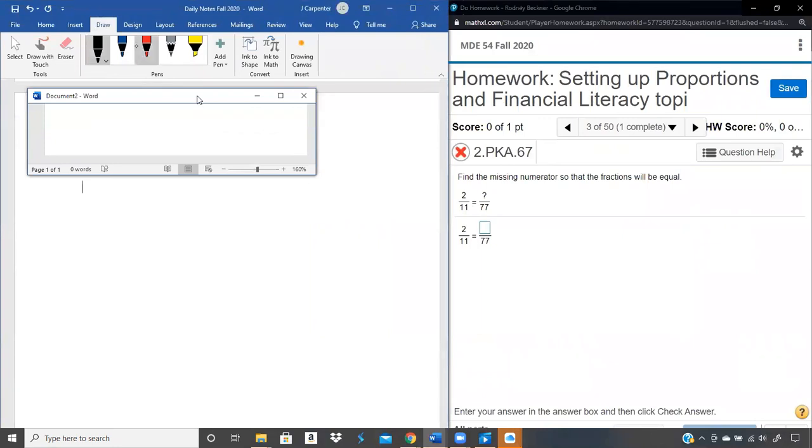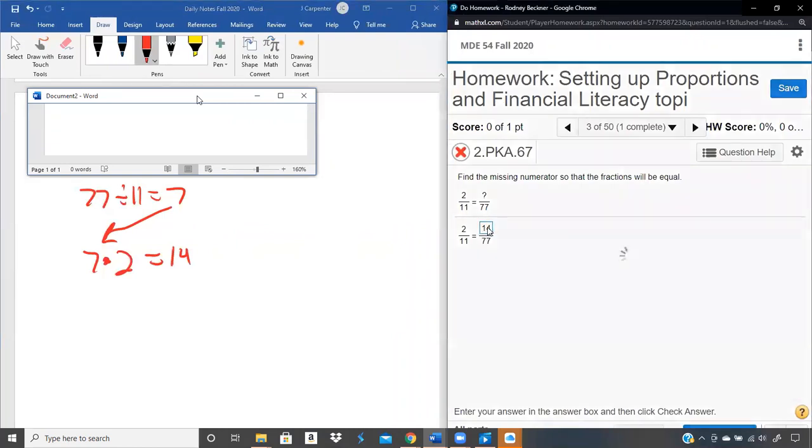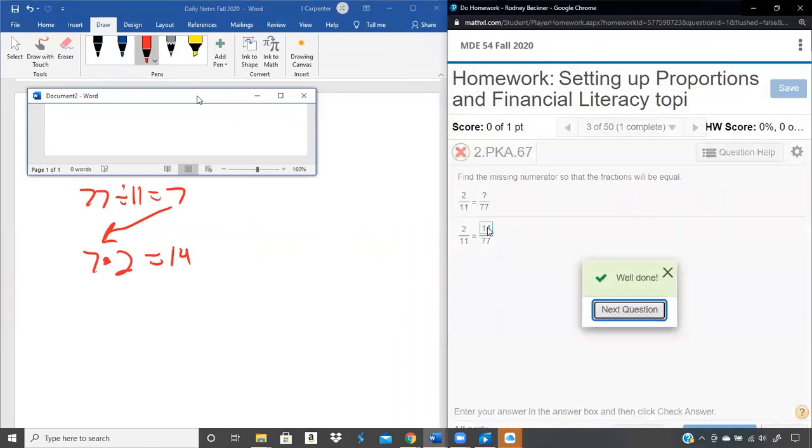So the idea I said last time was you take the denominators and you divide them. 77 divided by 11 would be 7. And then you take that result, that's 7, and you multiply it by the top number, the 2. 7 times 2 is 14, so 14 should be our answer. And that's it. So what we said is 2 11ths is the same as 14 over 77.